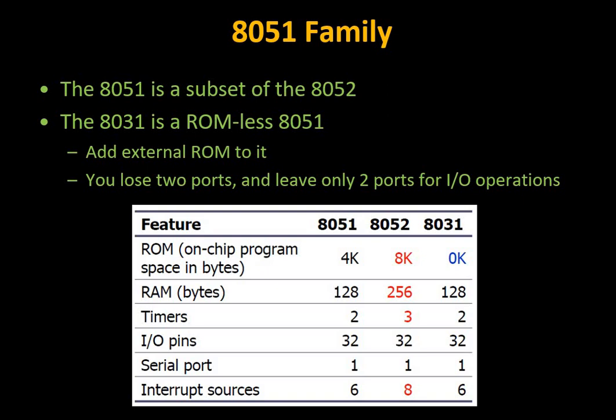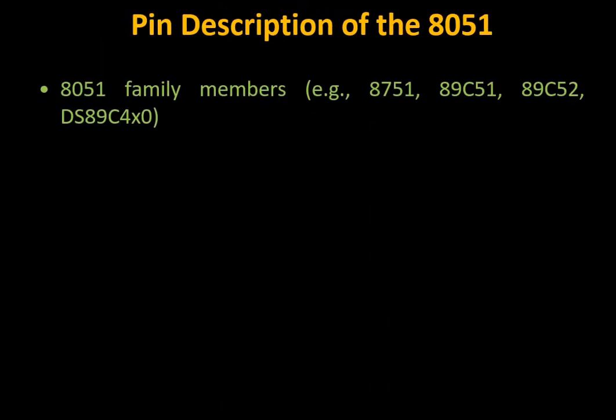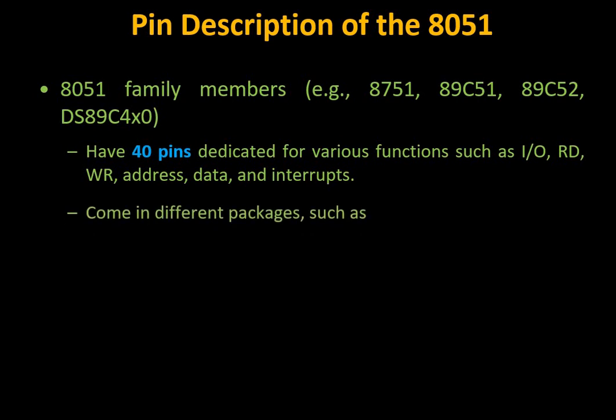So in this table we can see the features and categorization of the 8051, 8052 and 8031 according to ROM, RAM, timer, input output pins, serial port and interrupt sources. Now this is the pin diagram of the 8051. It contains 40 pins, and each pin has some description.